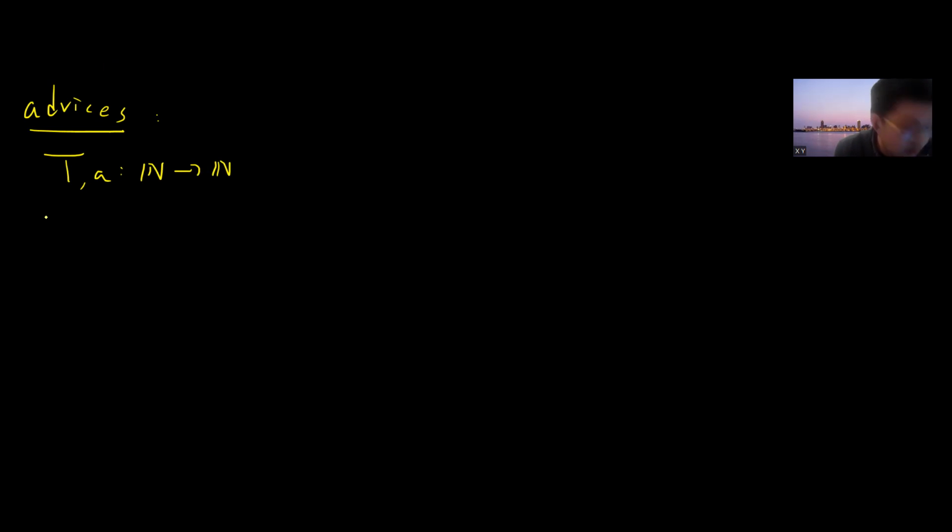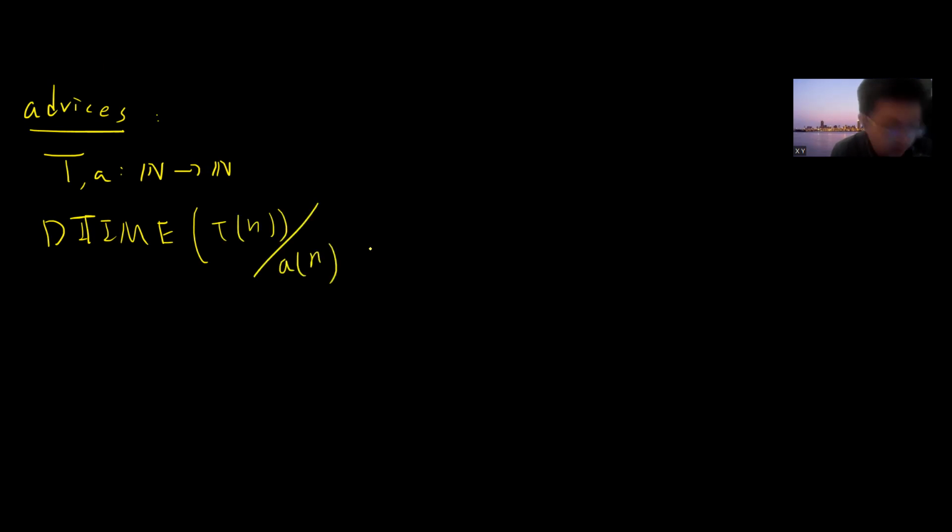Then one can define deterministic time T(n)/A(n). This means that this is the language that is decided by a Turing machine.